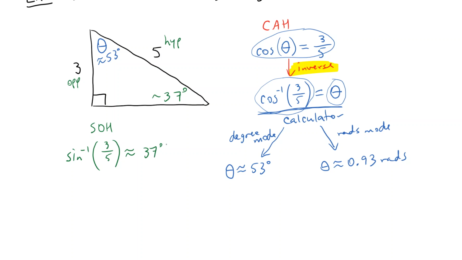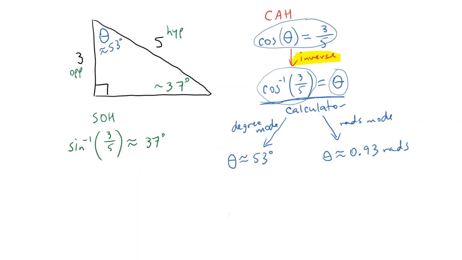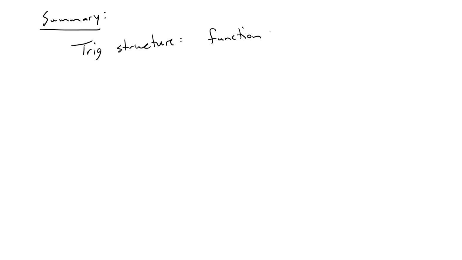Okay, so that's an introduction to the inverse trig functions here. Now let's make some generalizations. Let's make a summary here that will make this quicker for you to work with. If you look at a regular trig function structure, you have your function, sine, cosine, tangent. The input is an angle, and the output is a ratio.